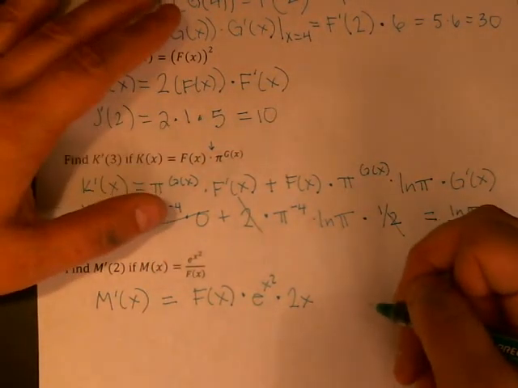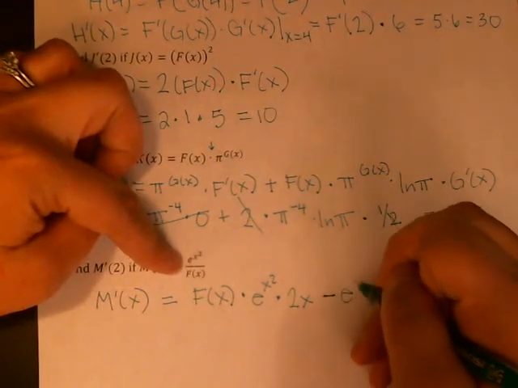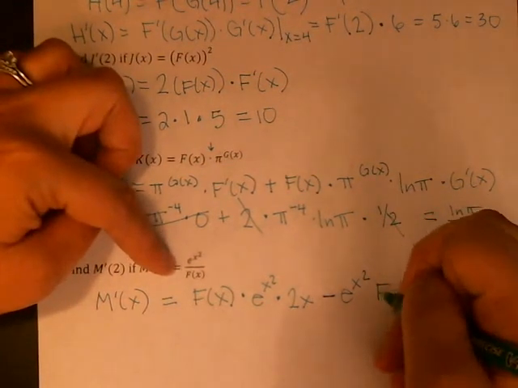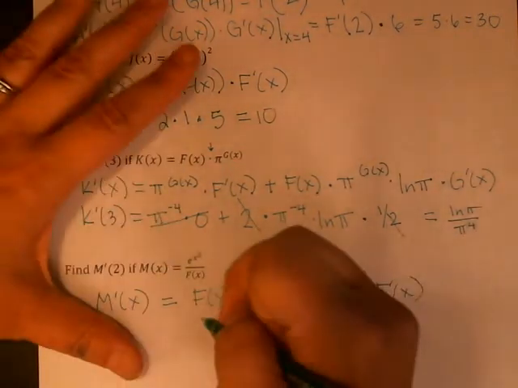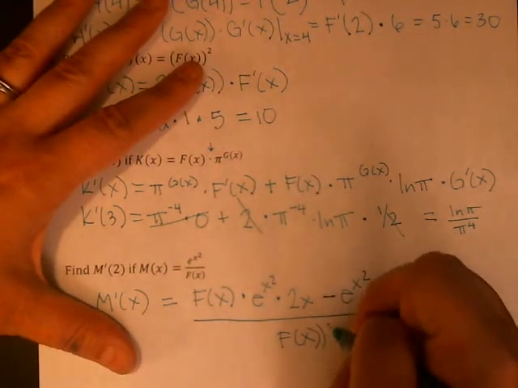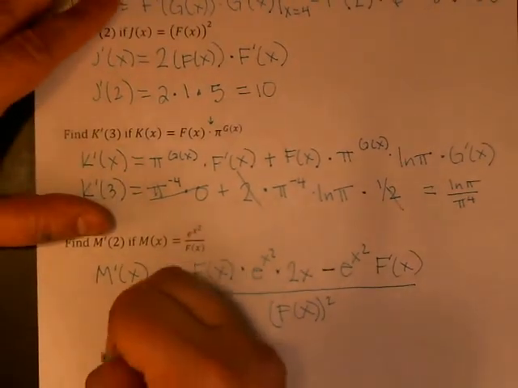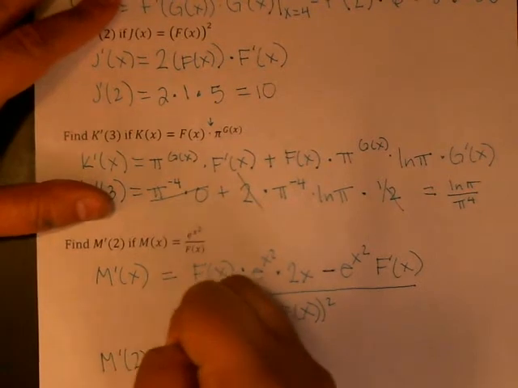So this was just the beginning of our quotient rule. Bottom times the derivative of the top minus the top times the derivative of the bottom over the bottom squared. Okay, so there's my derivative formula, and what I want is m prime of 2.